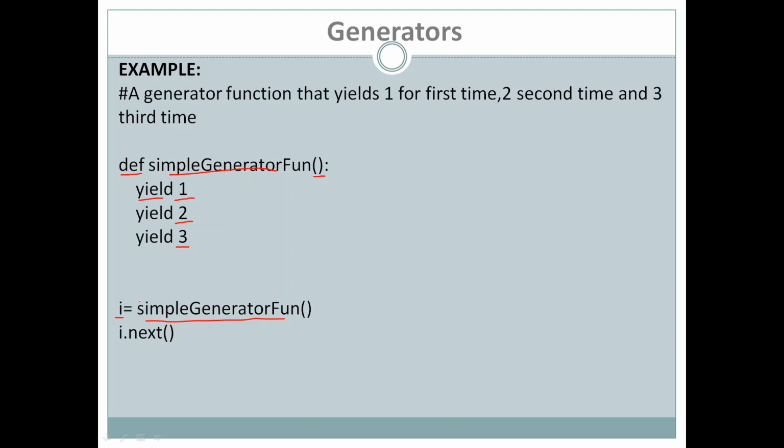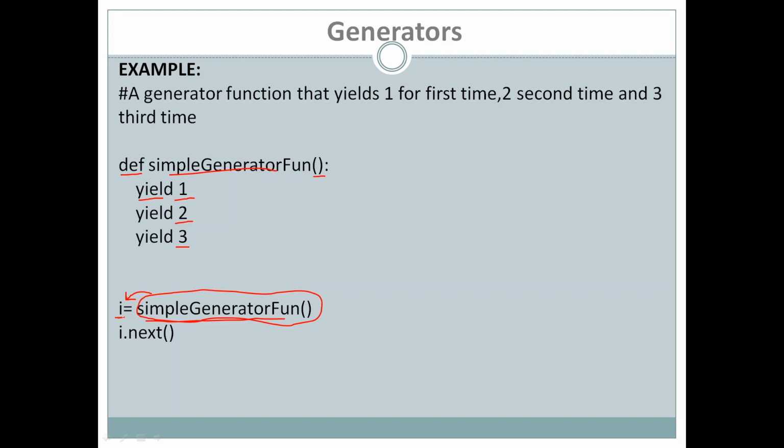What this does, when we call the function here, is that this statement will not call the function itself, but it will return a generator object, and the generator object here is i. So the simple generator function returns a generator object, and that object we have stored in i.